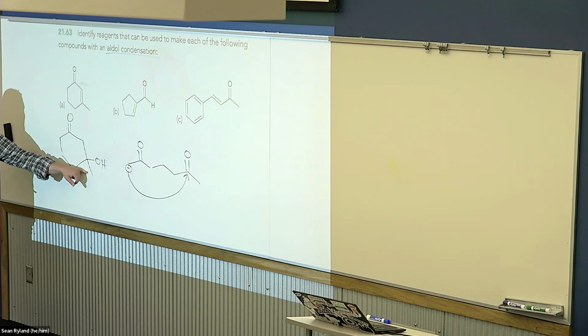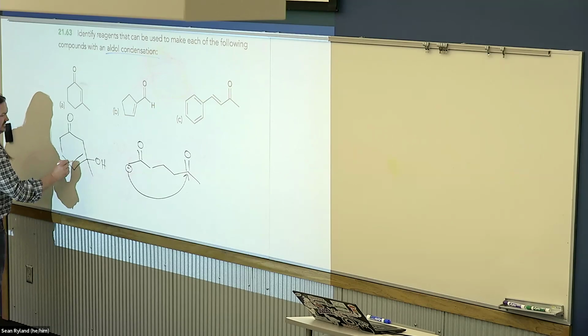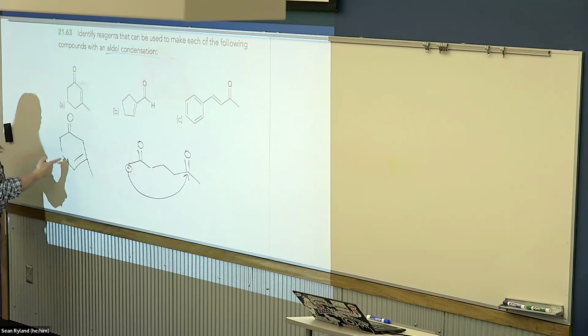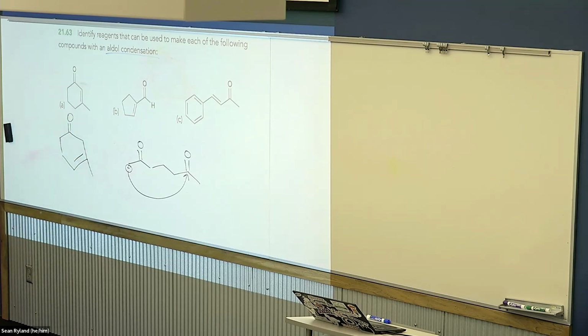There's 3 possibilities. Out of those 2, though, which one's going to be favored? If our other possibility is putting it right there, we don't get any resonance out of that. So we probably can just use acid catalyzed dehydration.